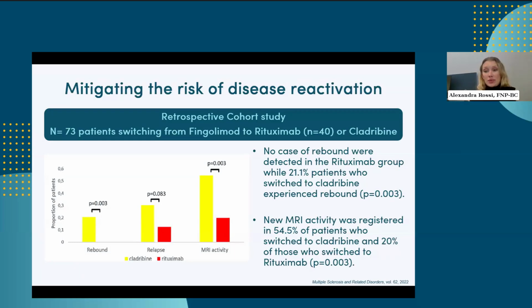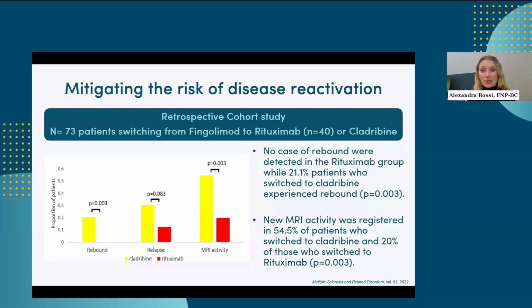So what do we do with these patients? We look at studies where patients have been transitioned off of these therapies onto other therapies. This is an interesting cohort study where patients were switched from fingolimod to rituximab.